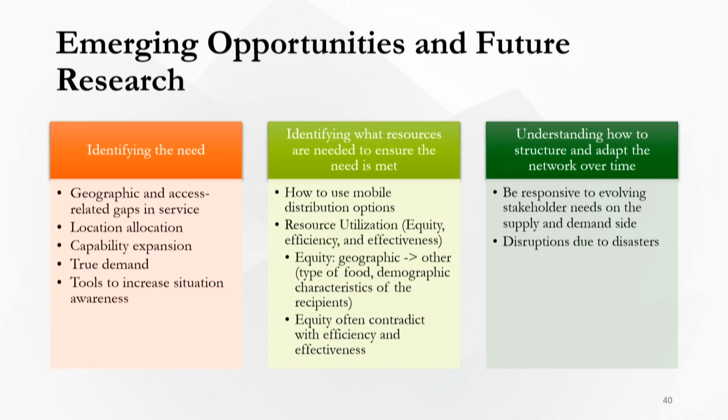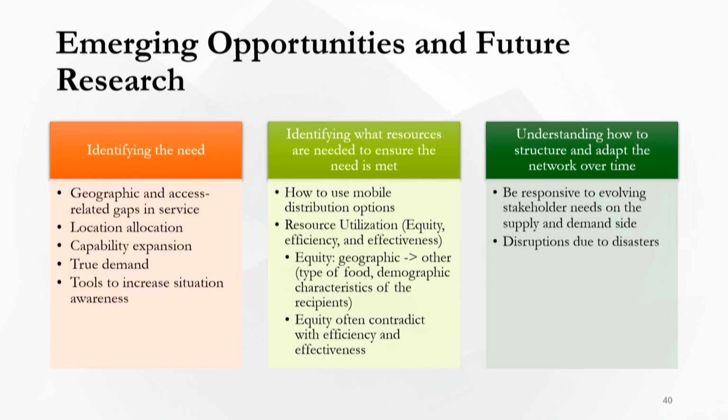Identifying the need consists of trying to understand geographically where service must be provided and how service must be tailored to address the specific needs of the population. For instance, people might have specific cultural, dietary, or health considerations.